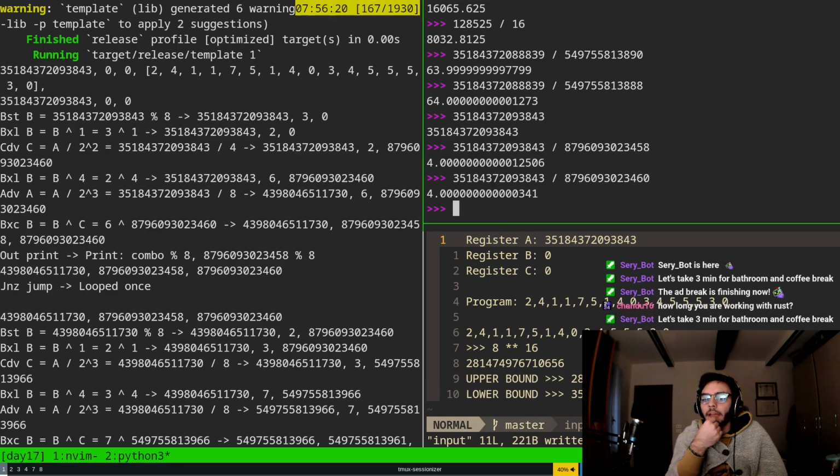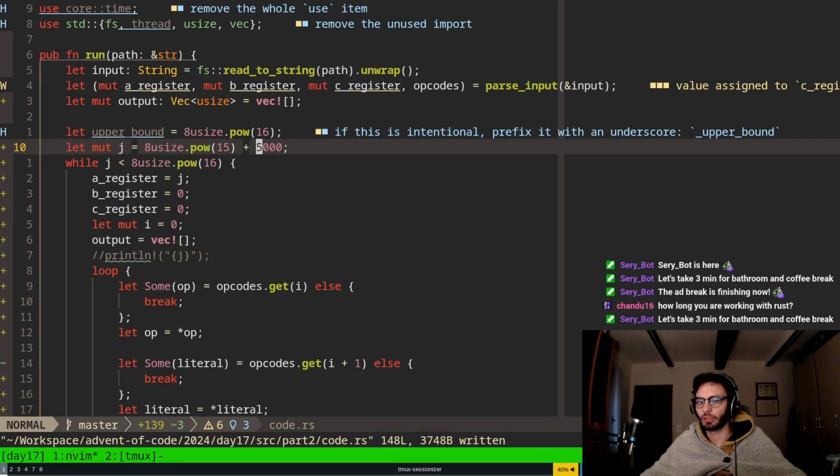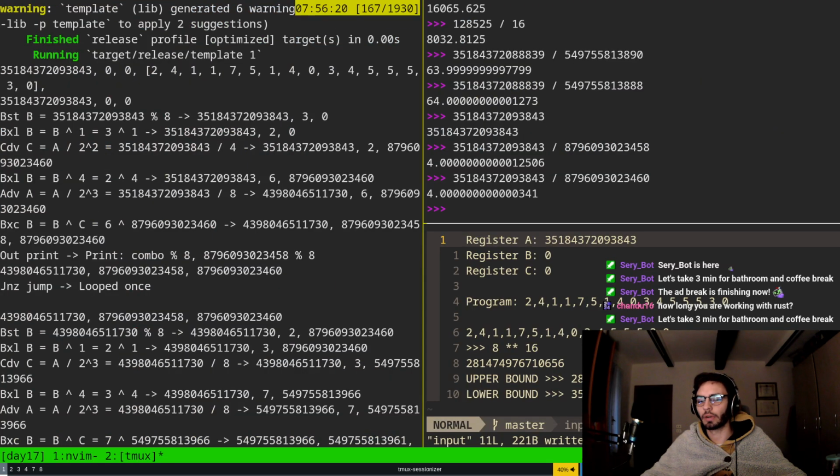I hoped that there was some kind of pattern, but the only thing that I know now is that C and B have to be two apart. But it looks like it's always 8. I just know that it should be finishing with 8.